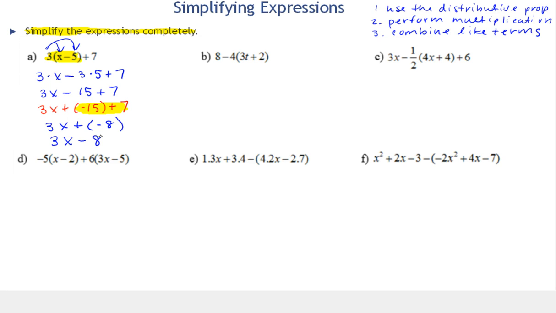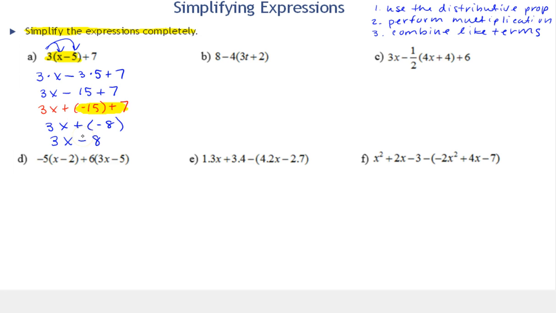Now notice if you can look at this line right here and think of it as negative 15 plus 7 is negative 8, which is the same as subtracting 8, that's okay. I'm pretty good at this by now, I never write these two steps. But I want you to see these two steps, and now that you're first learning this, you might want to write these so you can draw that connection.